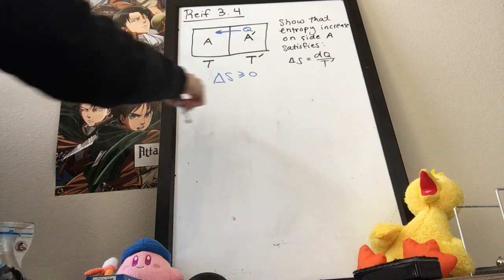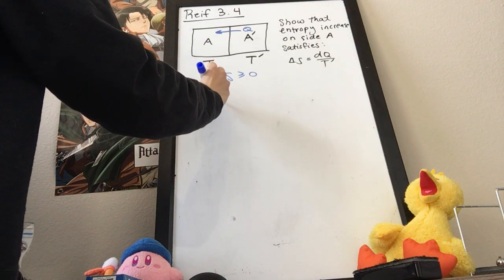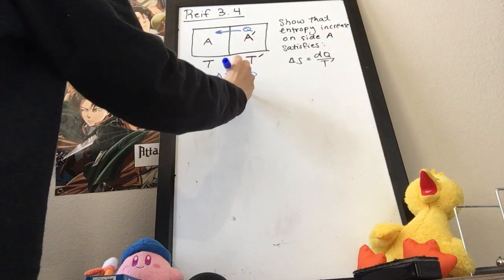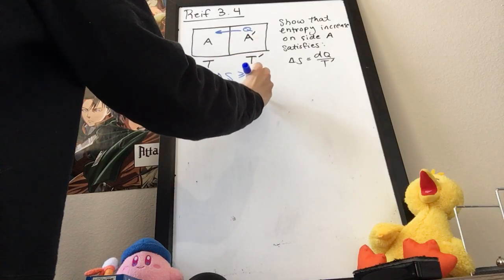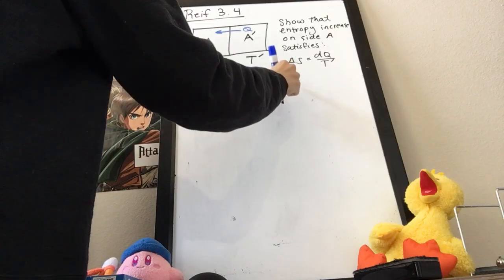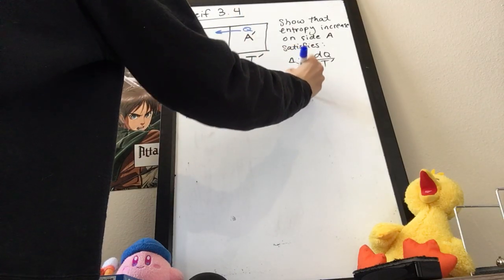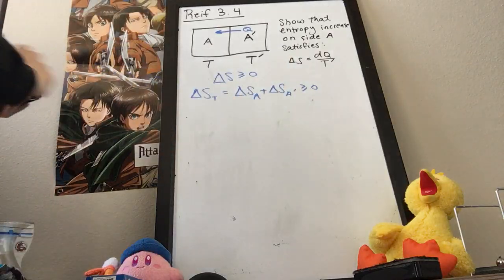So in this case, our total entropy, delta S total, is equal to our change in entropy of A plus our change in entropy of A prime, and that has to be greater than or equal to 0, right?